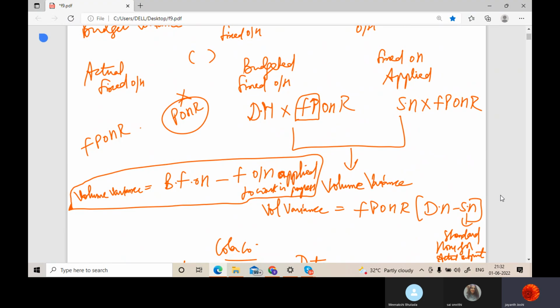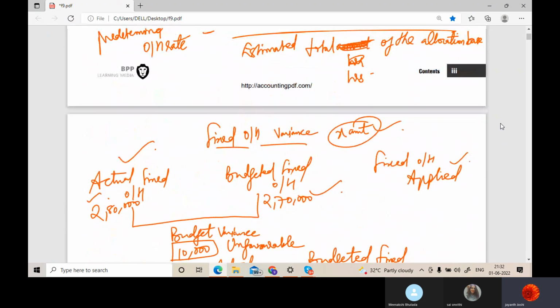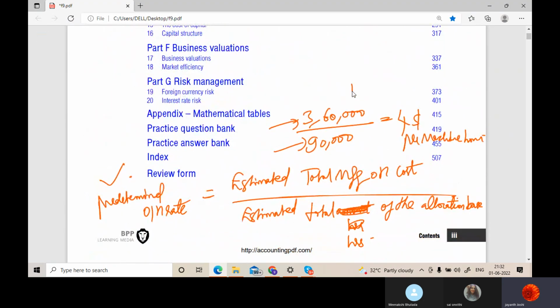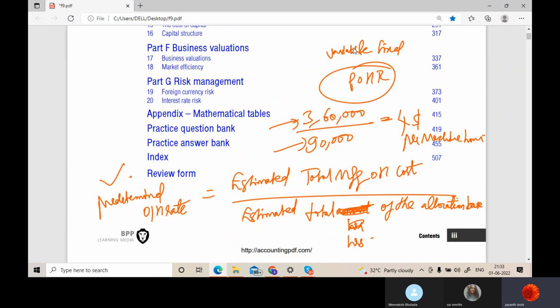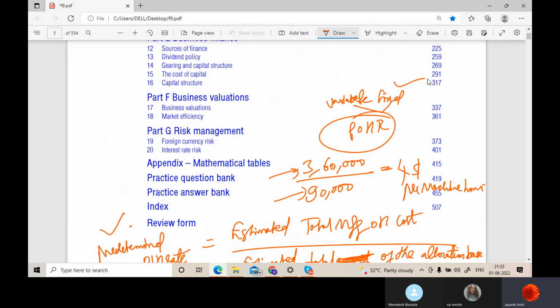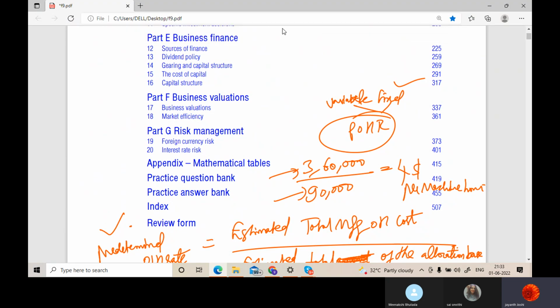So now the next point comes is, see this $4, what you got is POHR, predetermined overhead rate. That means overheads can be variable and can also be fixed. We want only the fixed element right now. Okay, so we will just find out this. How to find out? Let's go ahead.